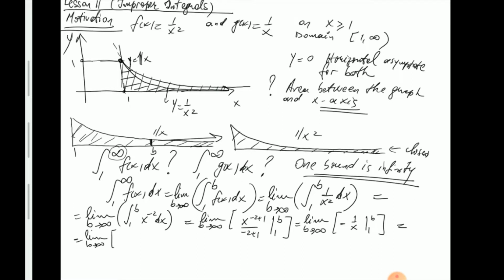All right, we're going to plug in b. So minus 1 over b minus 1 over 1. Plug in b, plug in 1, take the difference. That gives me 1 minus 1 over b. Okay, so now as b goes to infinity, 1 over b goes to 0. So the limit is 1 minus 0, which is 1.